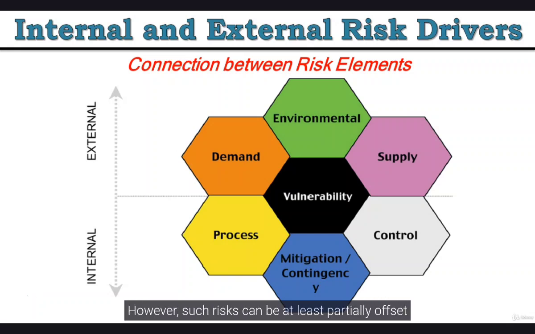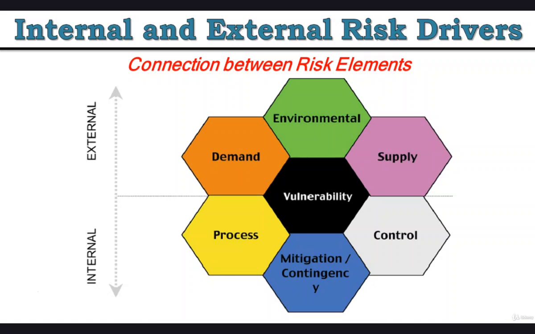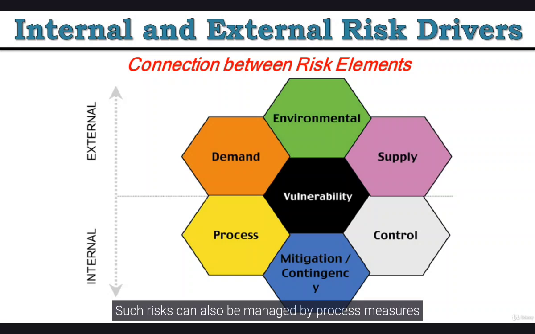However, such risks can be at least partially offset and managed through the existence of good controls for account management, for collaborative forecasting with customers, and for commercial terms that recognize the cost of volatility. These controls can extend to the way in which suppliers are managed to connect them to the potential for demand volatility. Such risks can also be managed by process measures to reduce lead times and increase supply responsiveness.